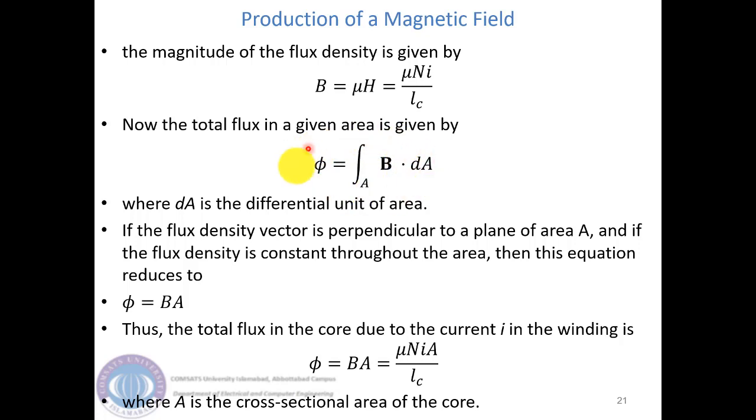This is a very generic relationship that we have seen in our junior classes, and it is well known how we can calculate this flux over the surface.